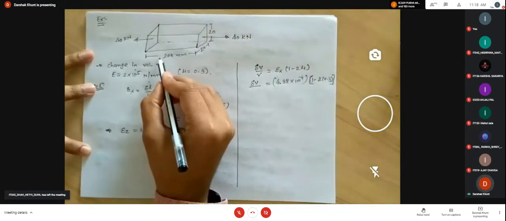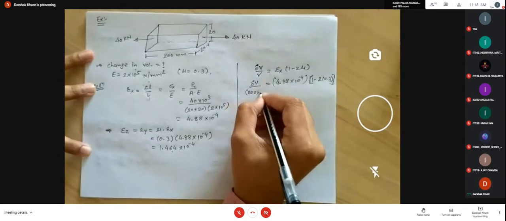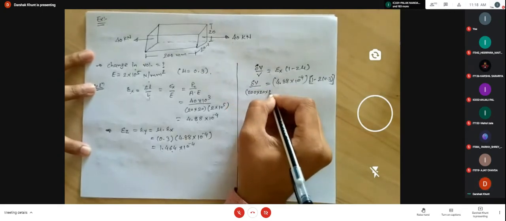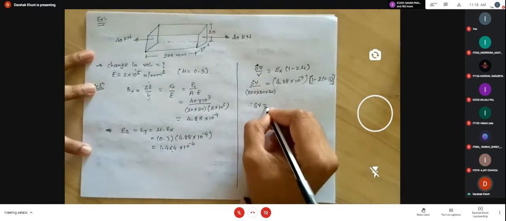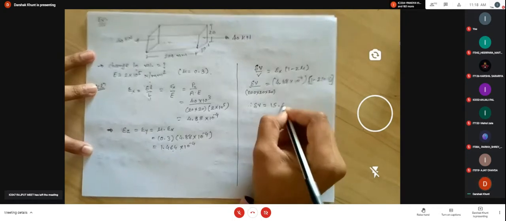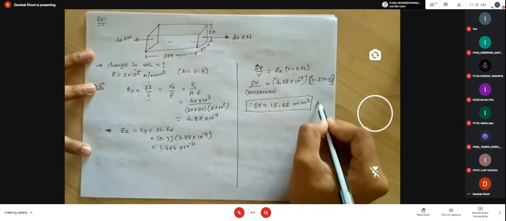So volume is given by length into width into depth, so 200 into 20 into 20. That is the volume. So we get the change in the volume as 15.62 mm cube. That is your answer.